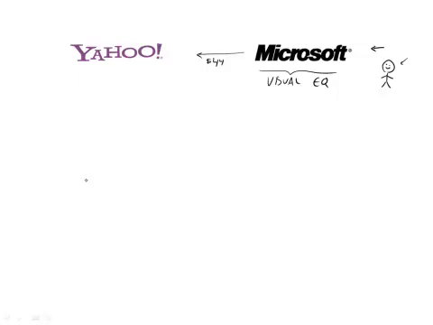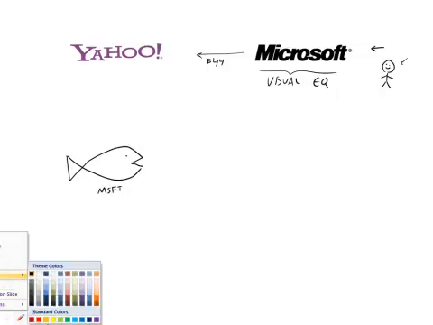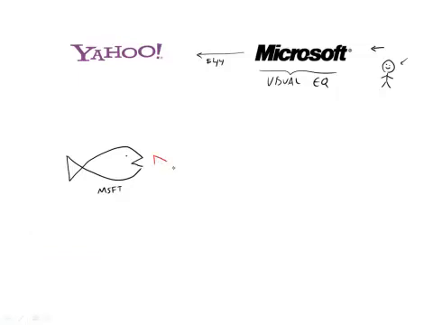And they drew a couple of amazing pictures. One of them looked something like this. They said, well, imagine that Microsoft is a really big fish and that Yahoo is a kind of small fish.